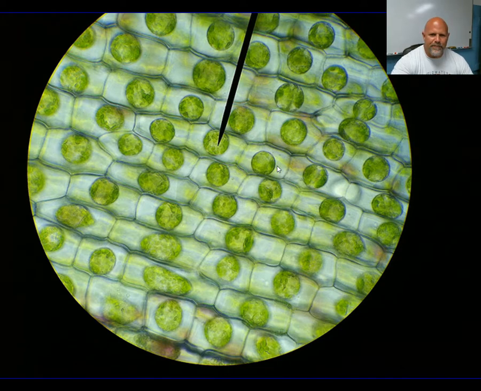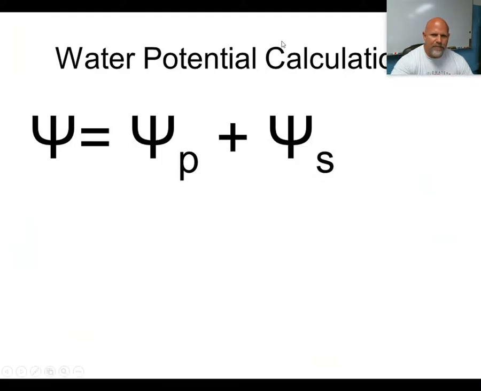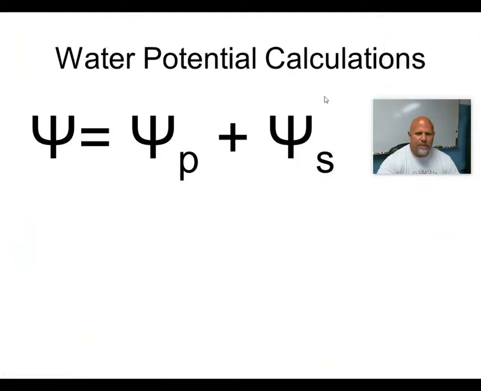All right, so we're going to talk water potential now. Water potential is a way of calculating which way water is going to move. And it involves a couple of things. The sign for water potential is psi, and water potential is equal to pressure potential plus solute potential.